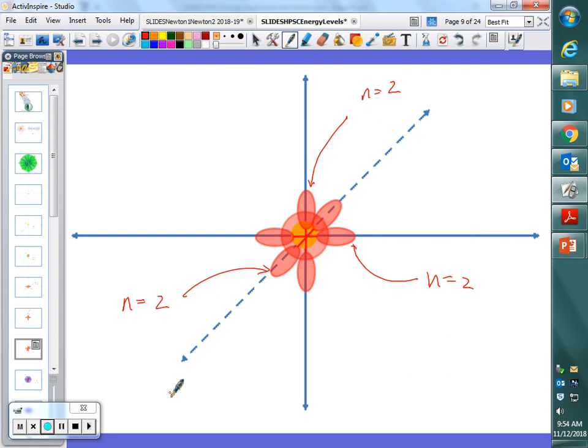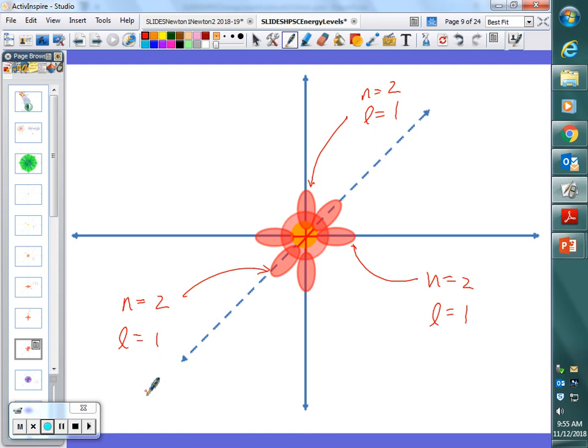They're all p orbitals. They all have the same shape. So L equals 1, L equals 1, L equals 1. But they are three separate orbitals, and so we have to distinguish one from the other from the other.